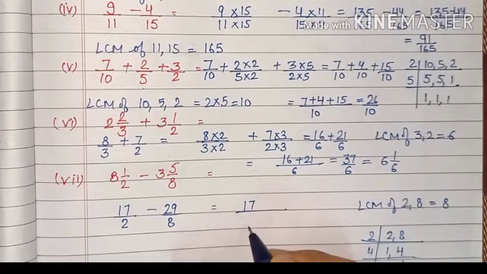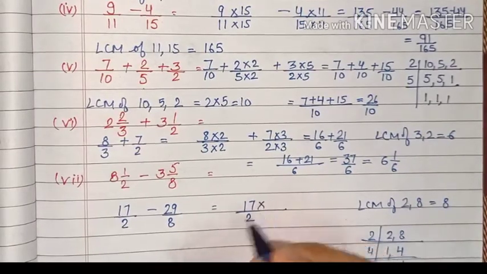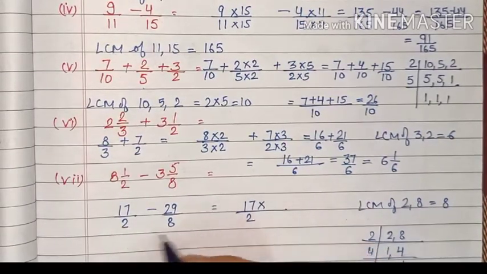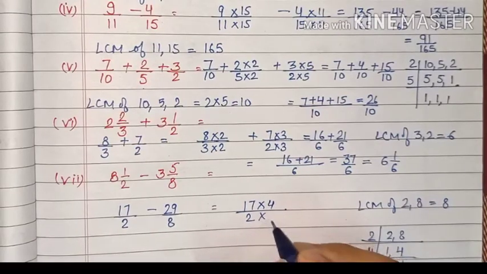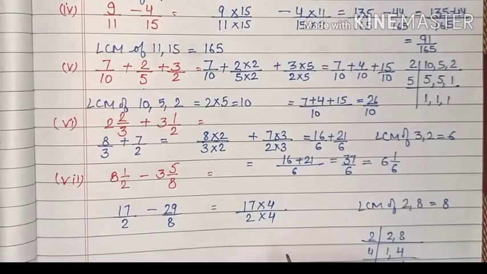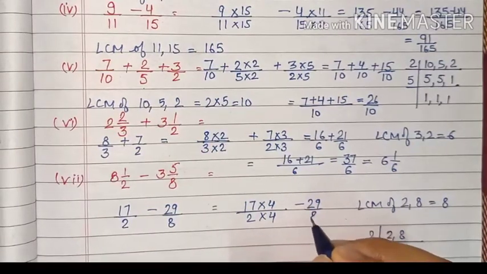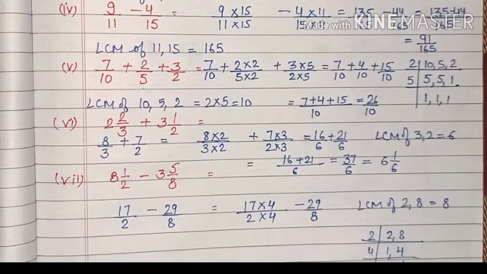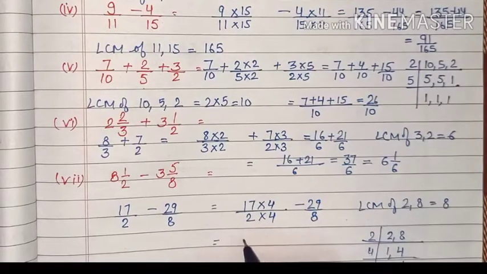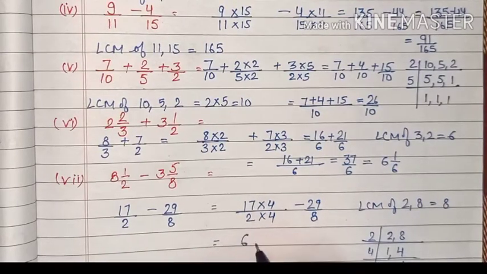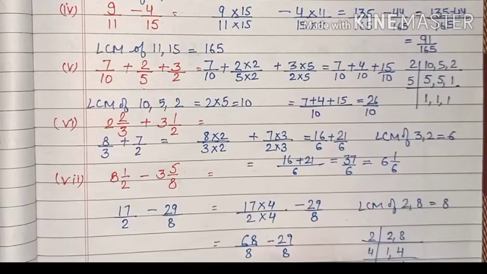Now we will write equivalent fractions with the denominator 8. So for that we will multiply 17 by 4 with 2, and 29 upon 8 already has the denominator 8. Now 17 fours are 68, minus 29 upon 8. So 68 upon 8 minus 29 upon 8.